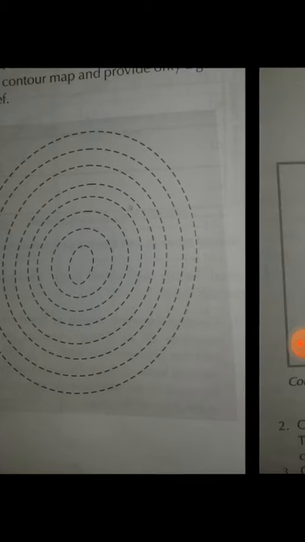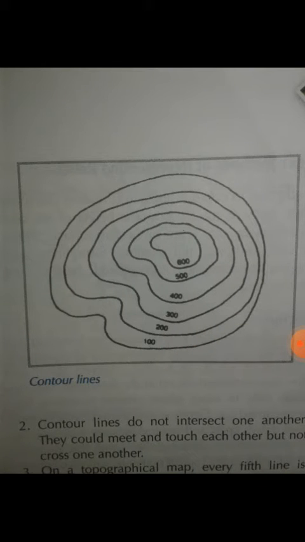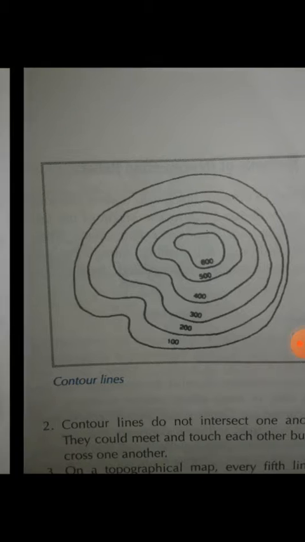Form lines are not numbered, they are shown as broken lines, like dash dash dash, on the contour map and provide only a general idea of relief. These are the contour lines and these are form lines.